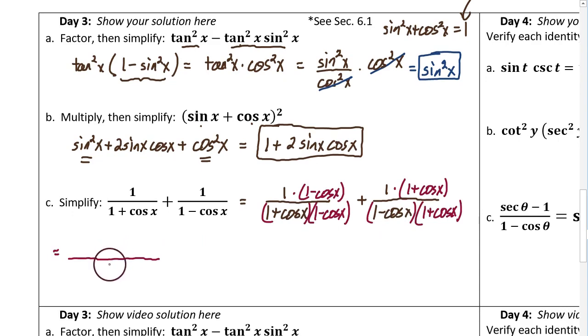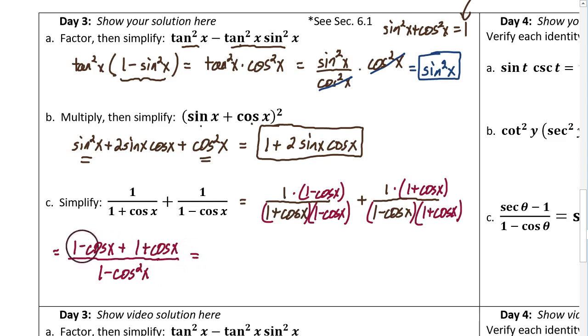Because they have common denominators, you add their numerators. So that's going to be 1 minus cosine x plus 1 plus cosine x. And the common denominator is the 1 plus cosine x times 1 minus cosine x. But those can be multiplied together, and the result would be the difference of squares, 1 minus cosine squared x.